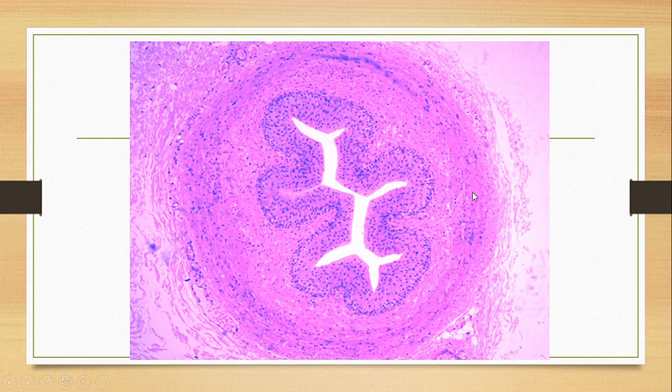So the muscle coat of the ureter is confined to two layers, longitudinally running fibers and circularly running smooth muscle fibers: inner longitudinal layer, outer circular layer. This forms the intermediate layer of the ureter wall.